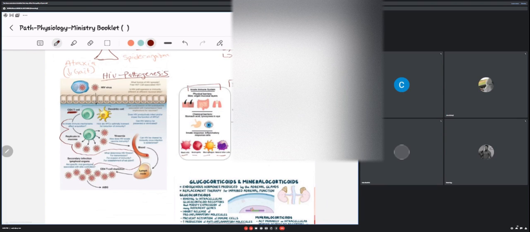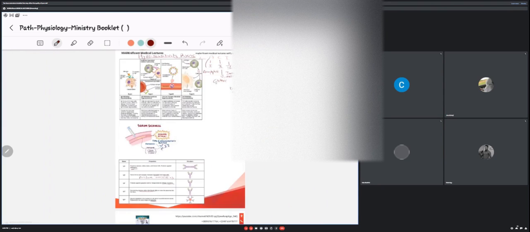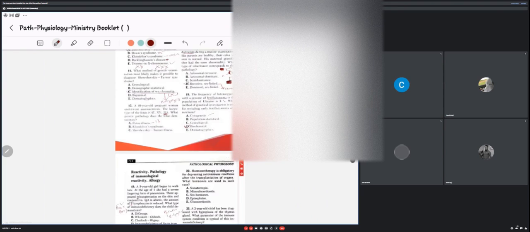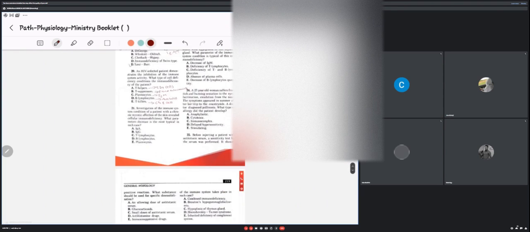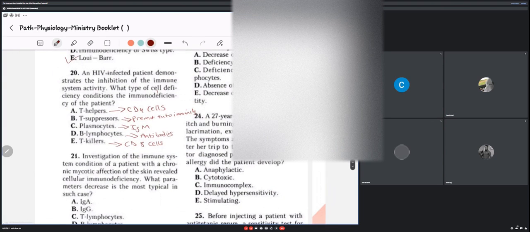But CD4 cells are what take charge when there's HIV infection. So going by these options, if I had option F as CD8, what would be your answer?